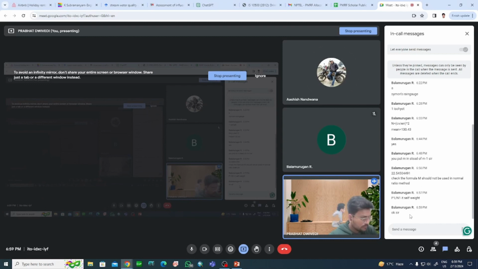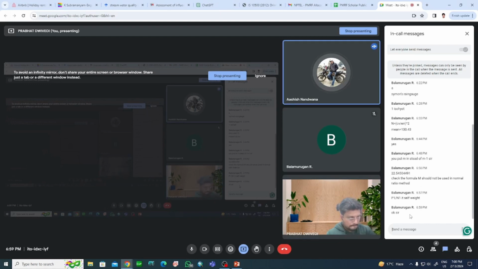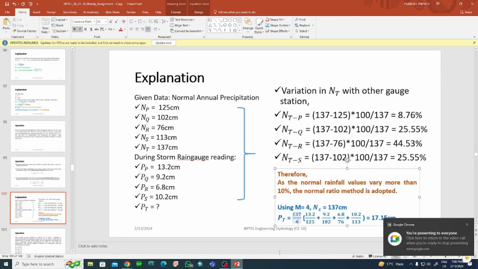Okay, P1 upon N1 is self-weight, got it. So Balamurugan, tell me your answer. Number 4.